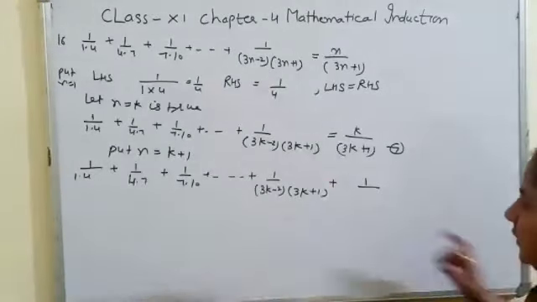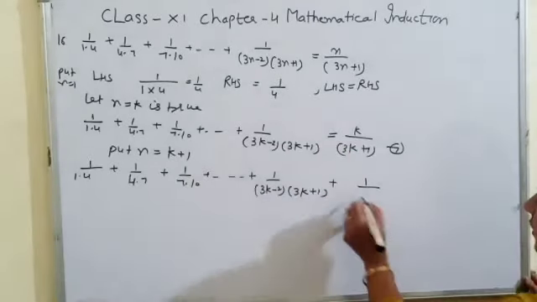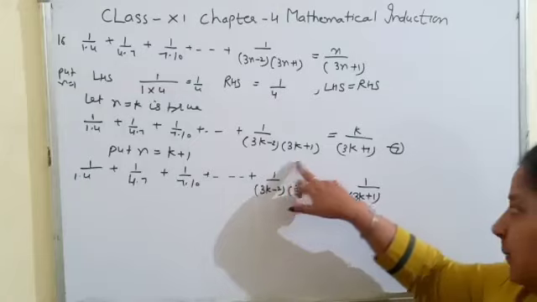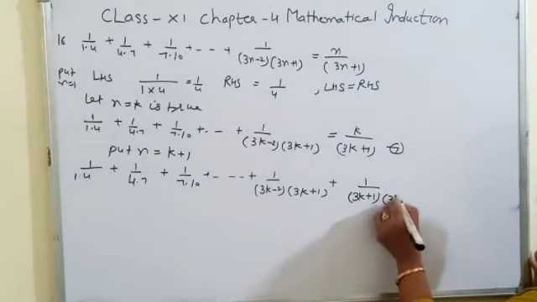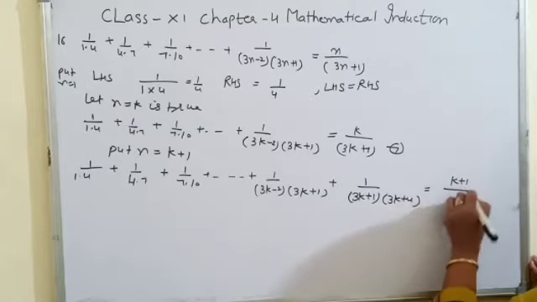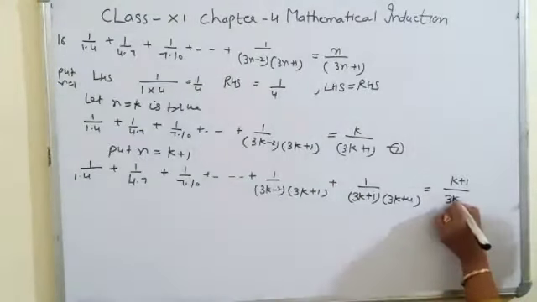Substituting k plus 1: 3k plus 3 minus 2 is 3k plus 1, and 3k plus 3 plus 1 is 3k plus 4.